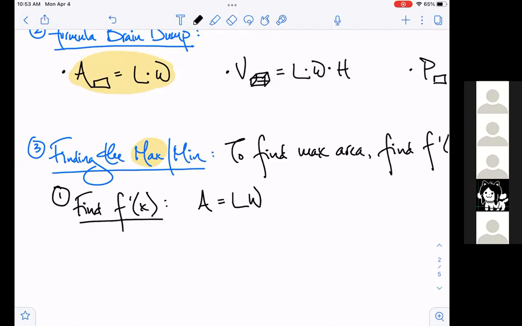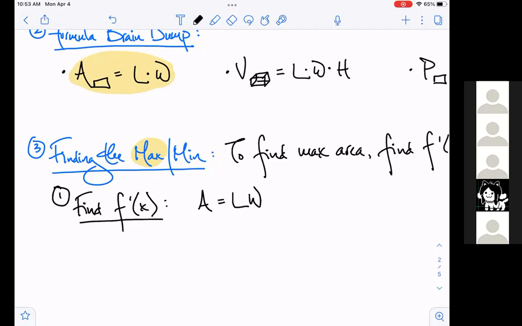What is the derivative of the left-hand side? What is the derivative of A?